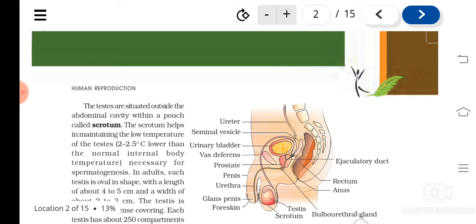And the reason for this is that the testis needs a lower temperature than the normal body temperature. A temperature 2 to 2.5 degrees centigrade lower than normal body temperature is needed for spermatogenesis, understood? The scrotum is a fold of skin forming a bag-shaped structure. It helps to bring the testis towards the body or away from the body according to the varying environmental temperature.